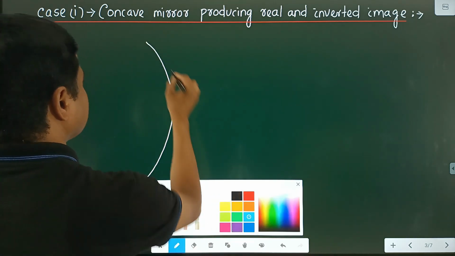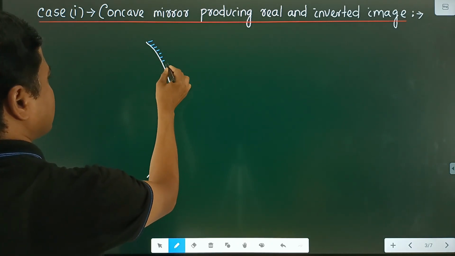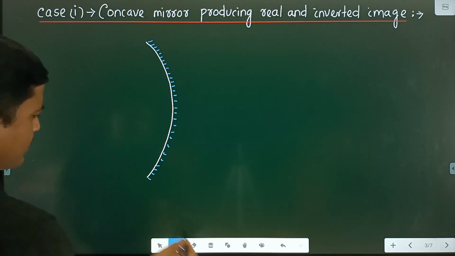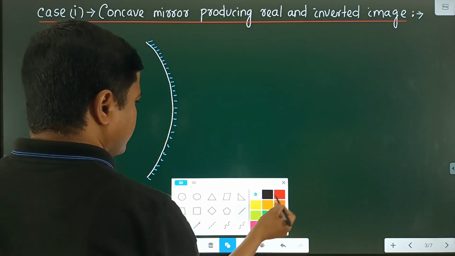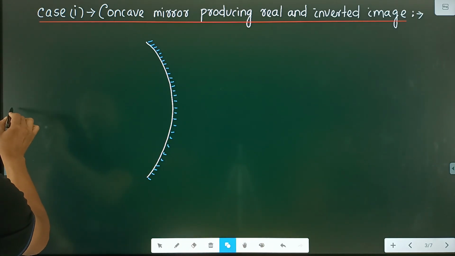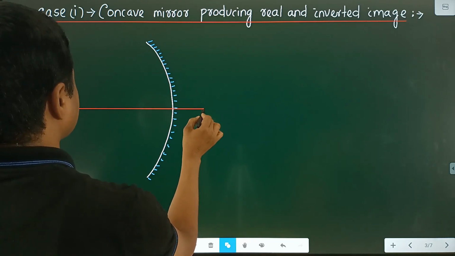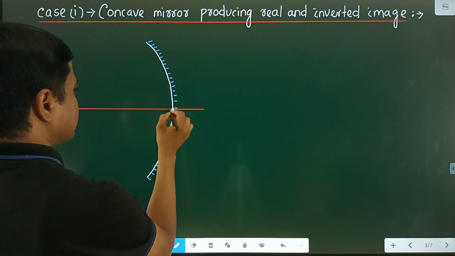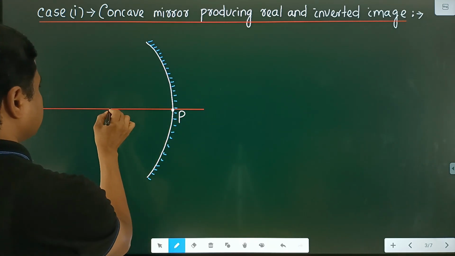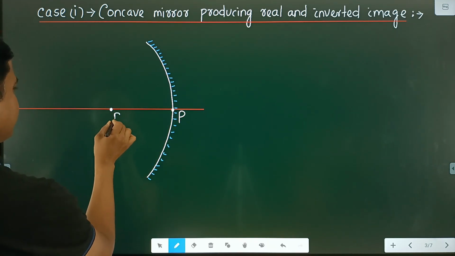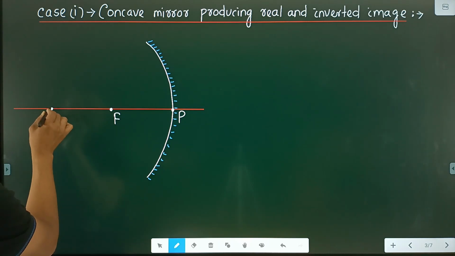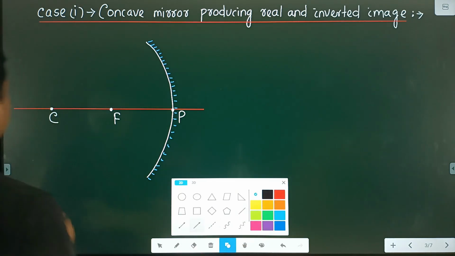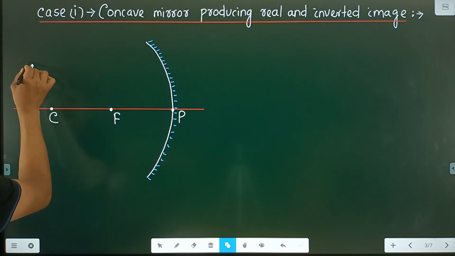Suppose here the outer surface is silver coated, that is the non-reflecting surface, so this is the concave mirror. And we draw the principal axis. This one is the principal axis, suppose, and this point is the center of the reflecting surface, that is known as the pole. This point is the focus, we write F. This point is the center of curvature, we write C. And the object is situated, suppose, beyond the center of curvature.